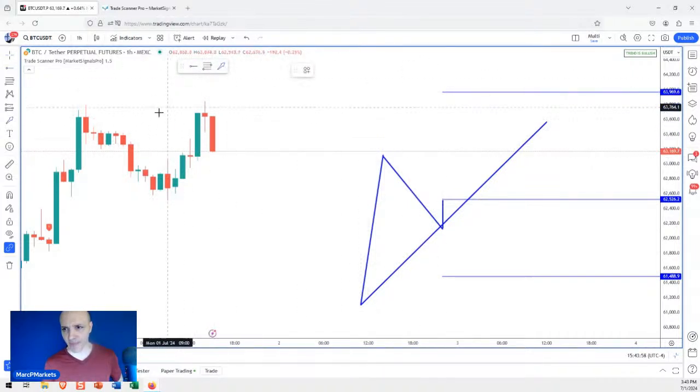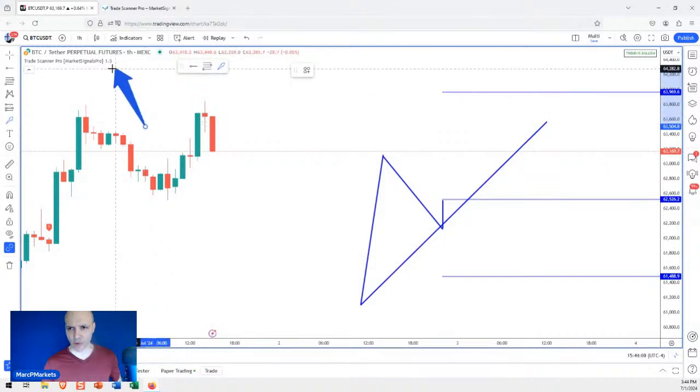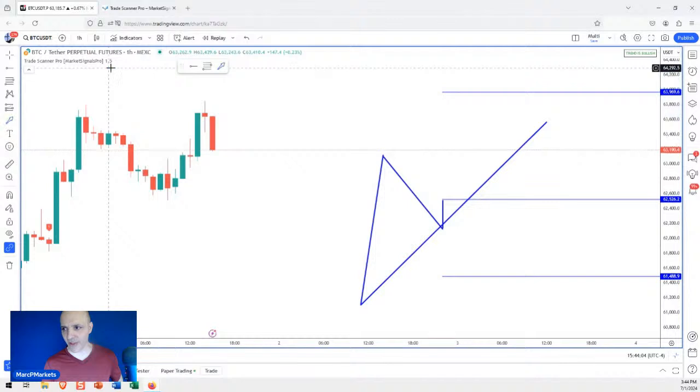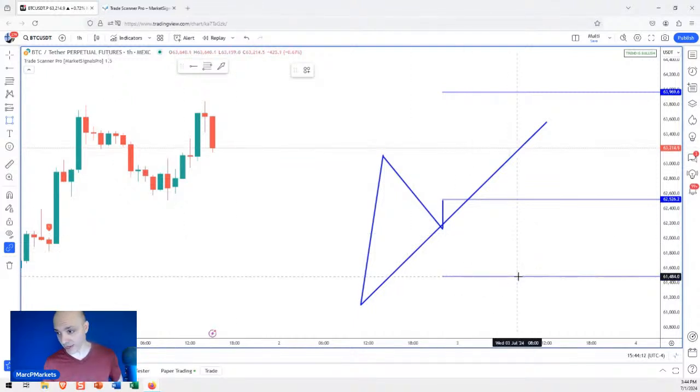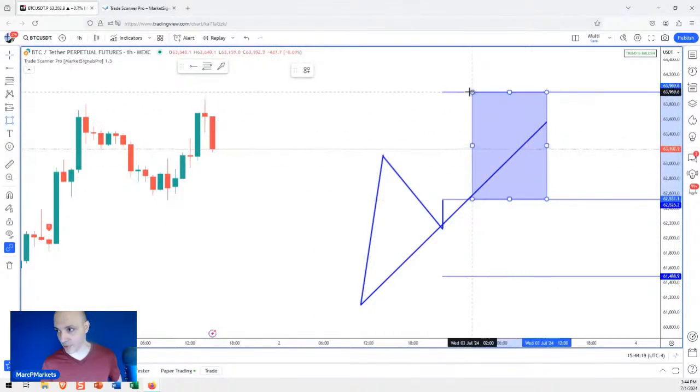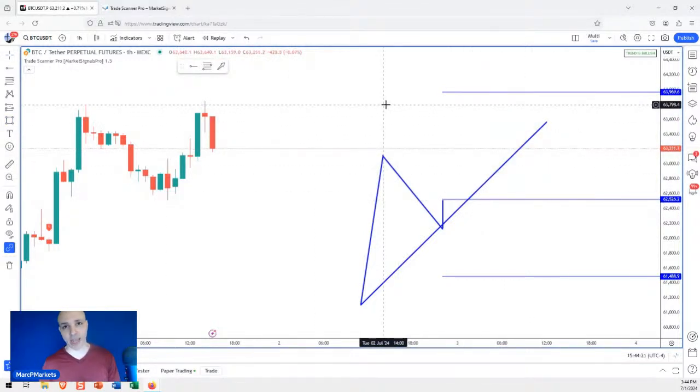That's what it's set at by default. You can see that right here. It says 1.5 on the TradeScanner Pro. That's how you know you have it on your chart. That's 1.5 times the risk. So whatever the risk is, which the market defines, not you, it takes that, multiplies it by 1.5, and then it gives you this. That's how the TradeScanner Pro works in trend mode.